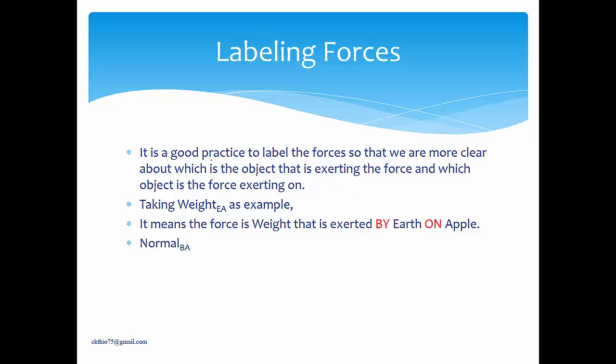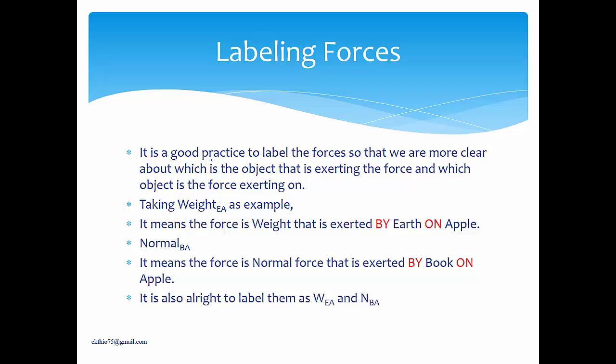So normal BA, you can infer that it is a normal force exerted by the book on the apple. It is alright if you label them as W and N, as long as people understand that W means weight and N means normal.